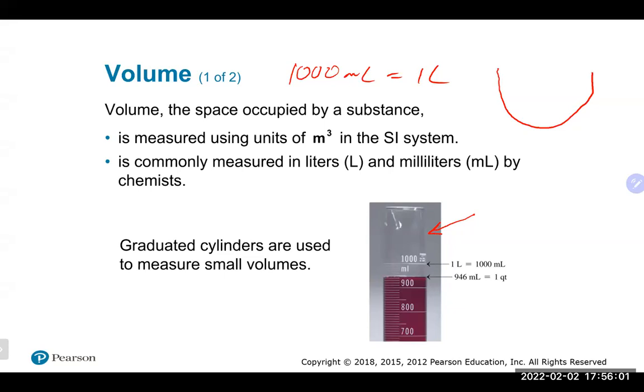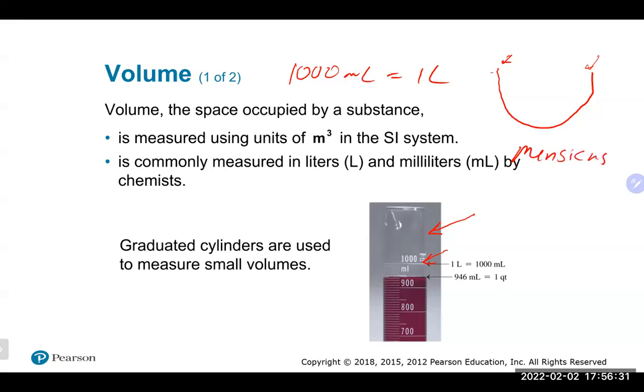The curvature is a result of the attraction between the liquid and the glass container. In a lot of cases, there's a much stronger attraction between the liquid and the glass than between the liquid and itself. That causes the outside parts to rise up the glass, and that creates what is known as a meniscus.